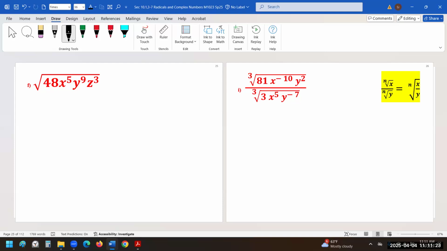None of them are perfect squares. Good. So you see 4 and you see 2. So when they cancel out, there is no more radical. It's only 2 without radical.